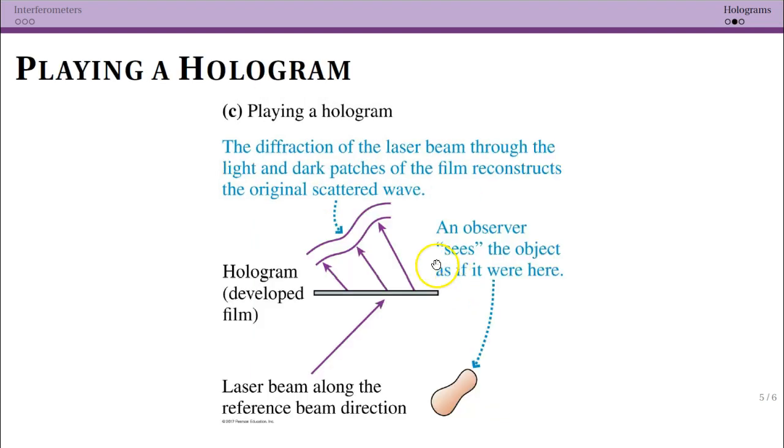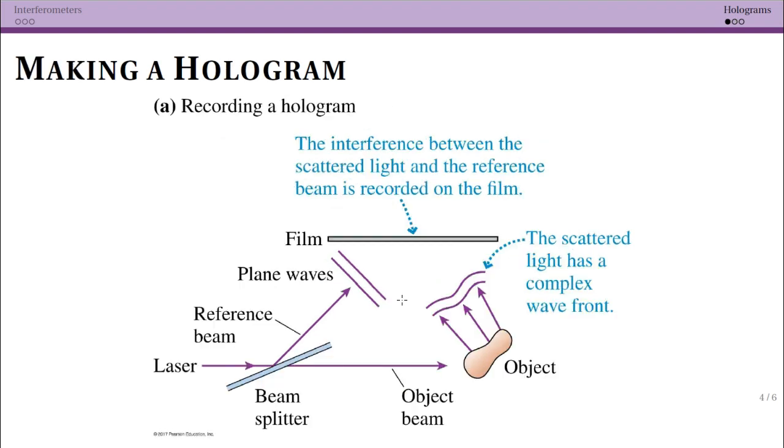And in order to play the hologram, I need to know the direction to shine my laser and what color laser to use. So holograms are kind of those weird things that physicists get really excited about, and lots of people love shiny rainbow stickers. I know I do. But the physics hologram actually is made in this really complicated way and is not the everyday hologram we see on stickers.